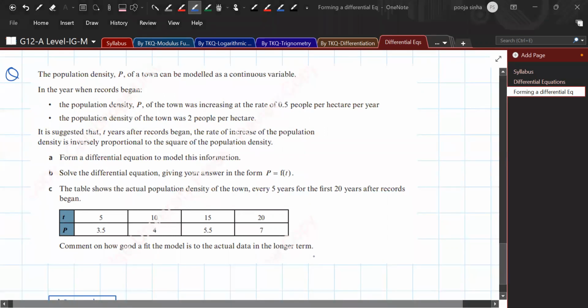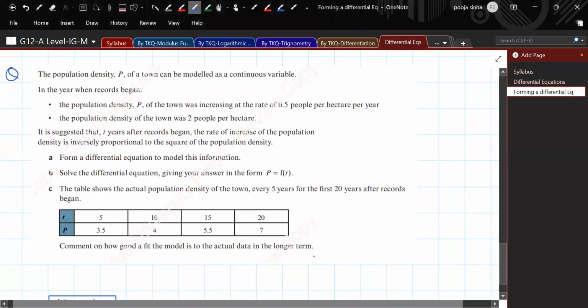And that is when time was how much? At what time? In the year when records began. तो ये कौन सा टाइम हुआ? T is equal to 0 टाइम है.